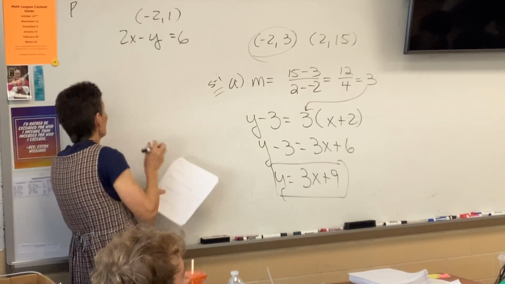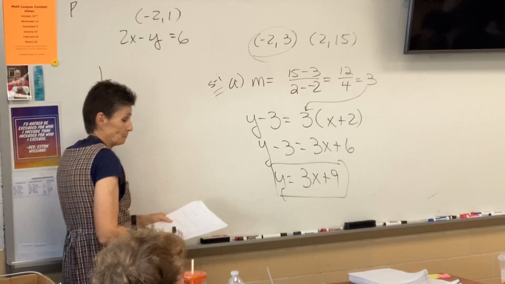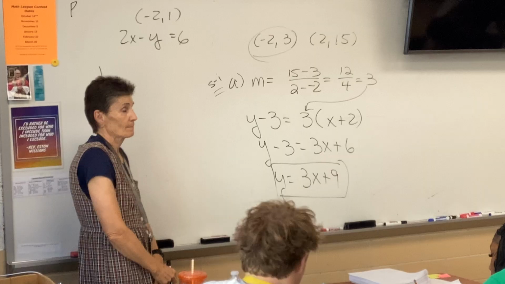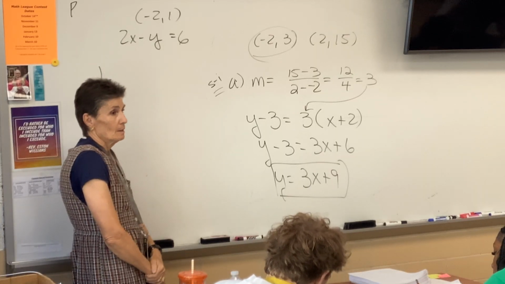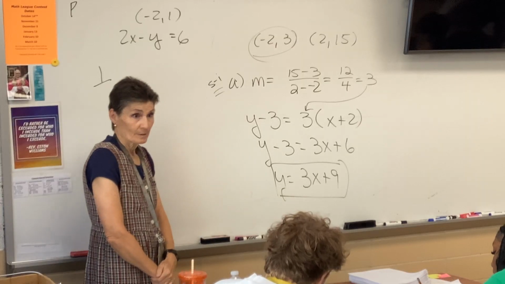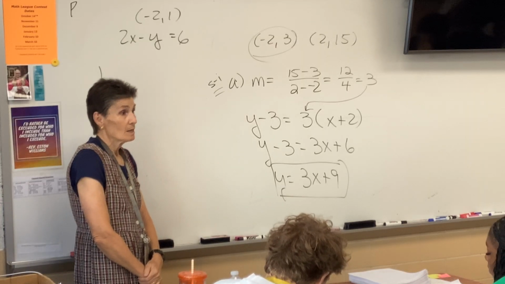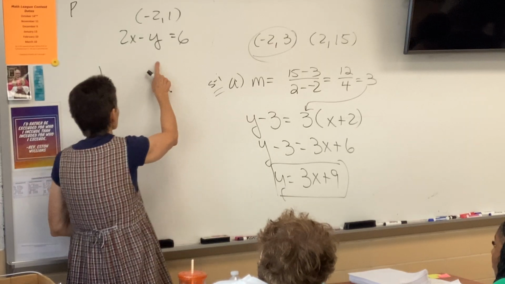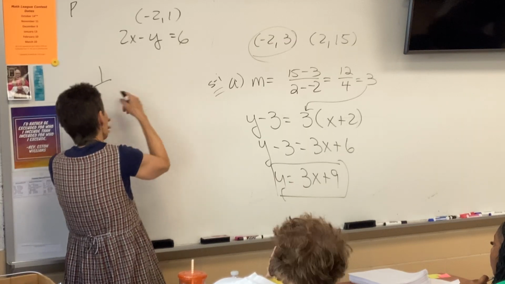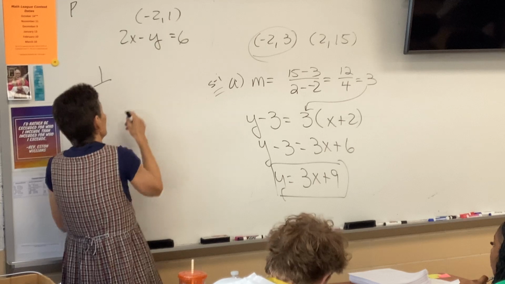6B, I want to be perpendicular to that. So what's the first thing I gotta do? I gotta get y by itself. Because if I get y by itself, then I'll know the slope of that line, and then I can find the perpendicular slope.